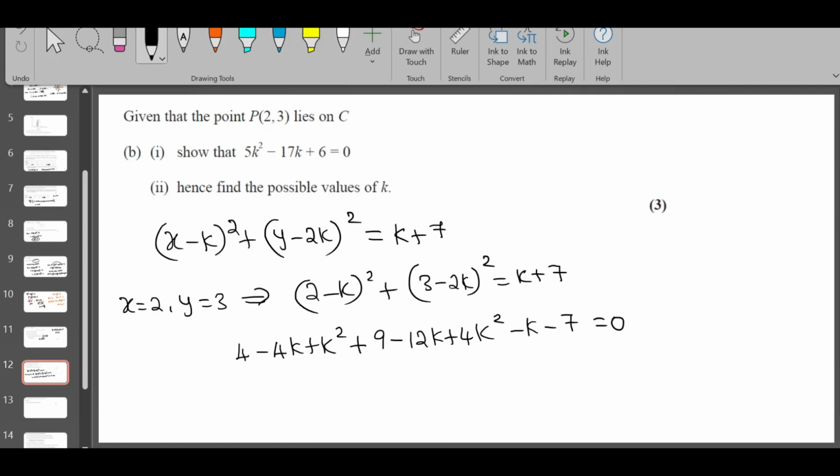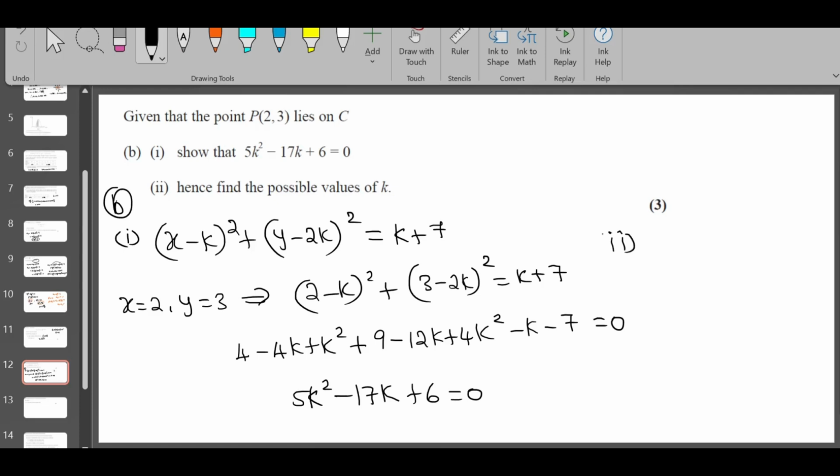Now simplify it. k square plus 4k square is 5k square, minus 4k minus 12k minus k is minus 17k. 9 plus 4 is 13, minus 7 is plus 6. Do not strike out the terms, okay? We framed the equation already. That's the answer for part I.